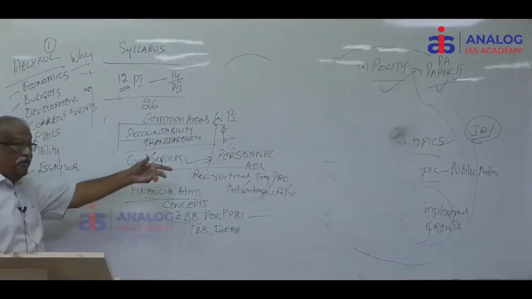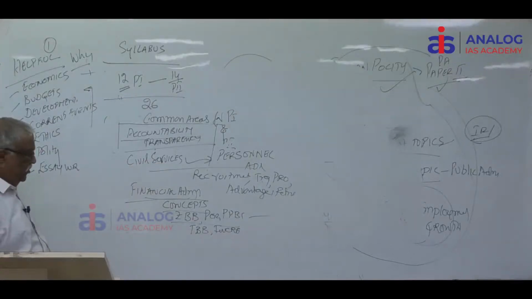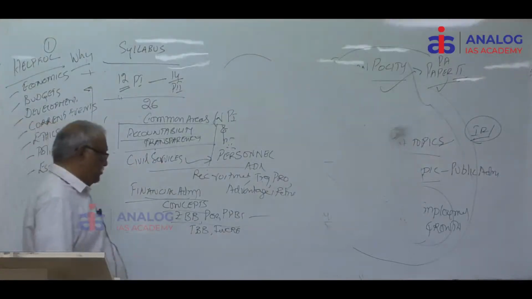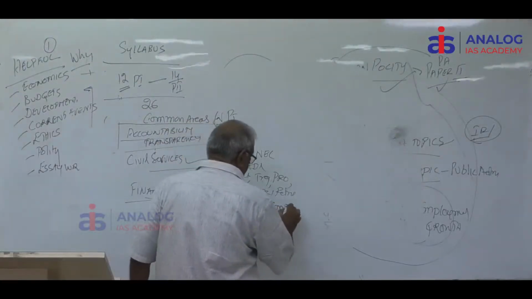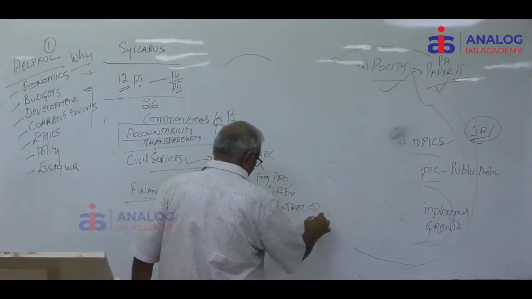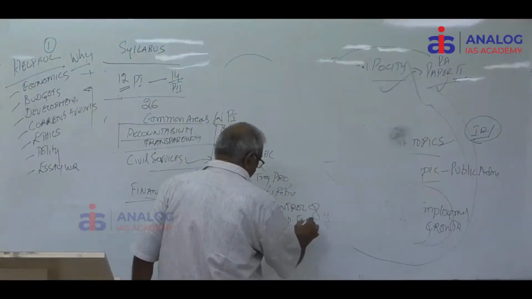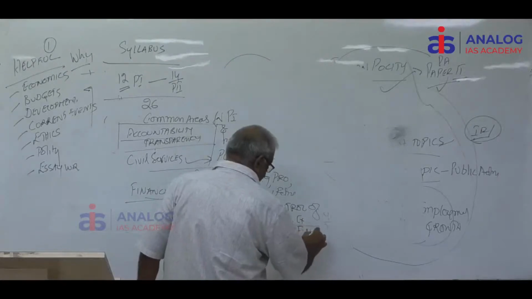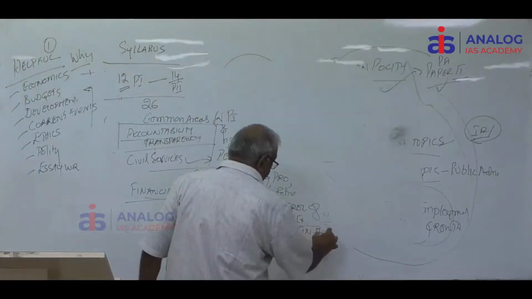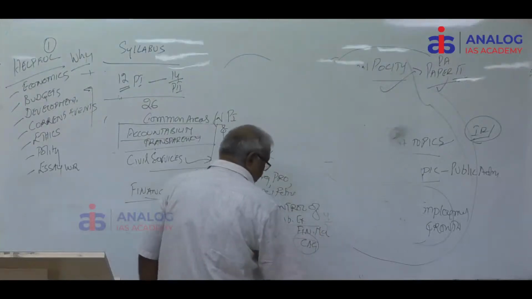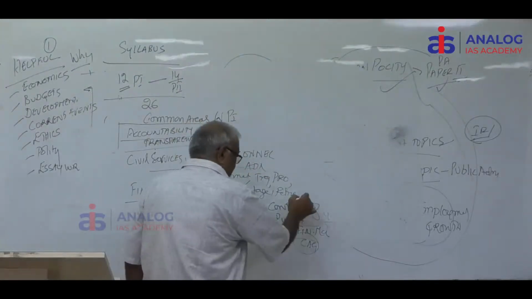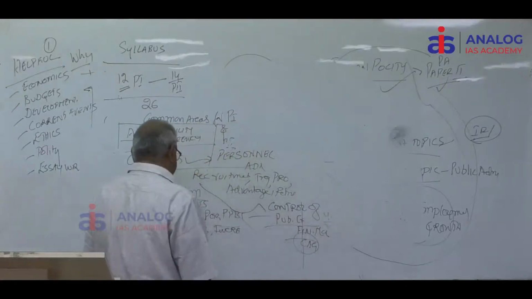All these are components of economics. We bring in public financial administration. When you come to paper 2, you will find control of public expenditure or financial management, where you discuss the Comptroller and Auditor General, parliamentary control, etc. The entire thing is replicated.